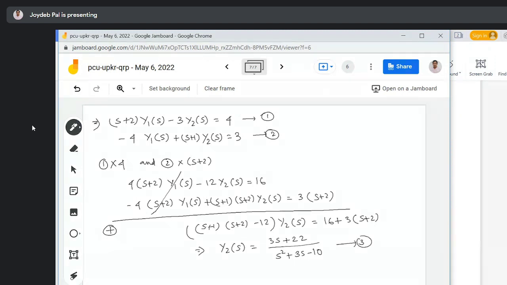So I'm substituting 3 in 2, तो क्या हो जाएगा? -4 y1s plus (s plus 1) into y2, which is (3s plus 22) divided by (s square plus 3s minus 10), equals 3.